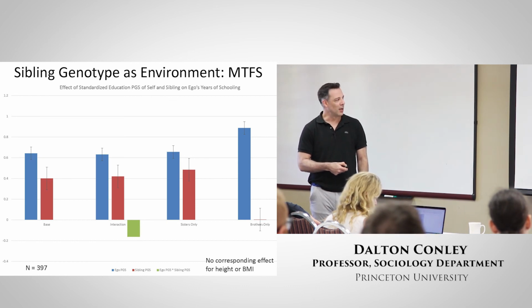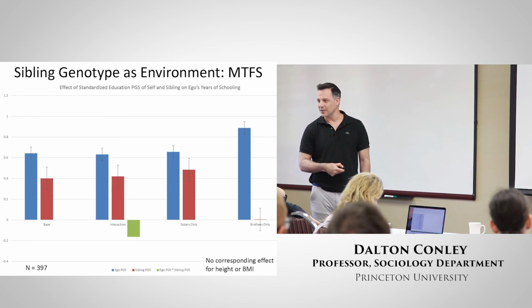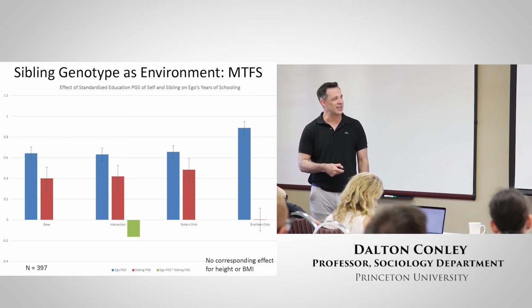But conditional on my parents' genotype and my genotype, my sibling's polygenic score predicts as well. And then when you break this out by sex, what's really interesting is that it's driven by sisters.